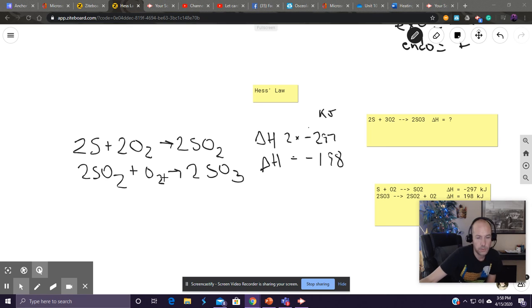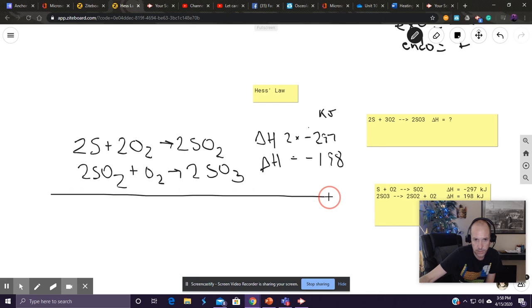All right, so now let's add these equations up. 2SO2 and 2SO2 cancel out. Now I can rewrite it.